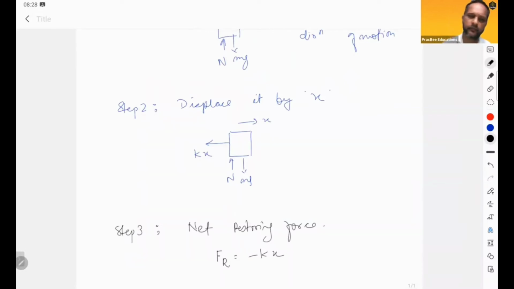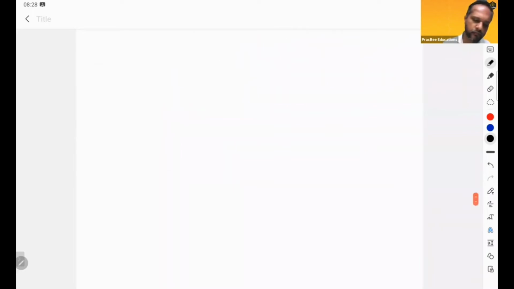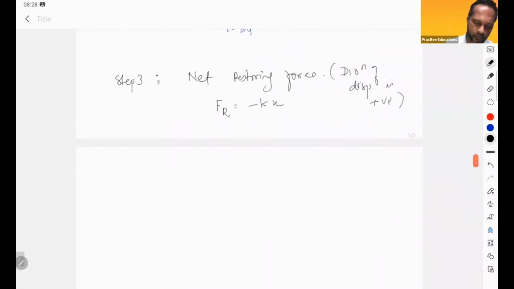Why I have chosen minus is because it is opposite to x. I'm taking the direction of displacement as positive. Keep this in mind. So once I get FR, I can say acceleration will be minus k by m into x.